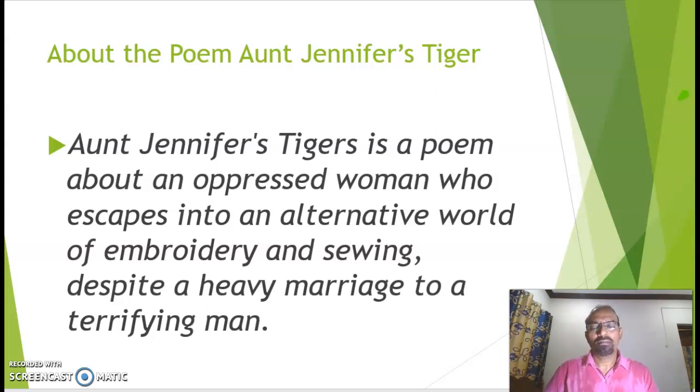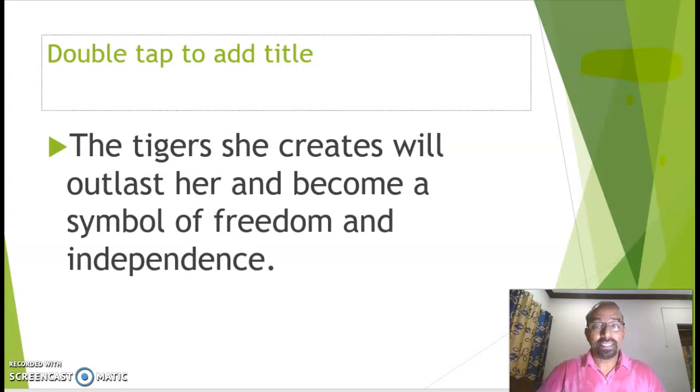No doubt, as she was a married woman, she was married to a terrifying man. That was the reason behind this alternative world. The tigers that Aunt Jennifer creates will outlast her and become a symbol of freedom and independence. That is the brilliance of Adrienne Rich's poems.